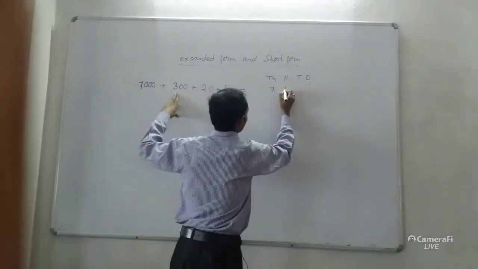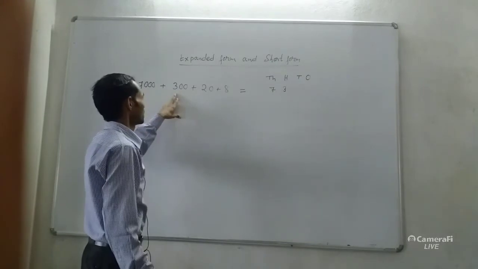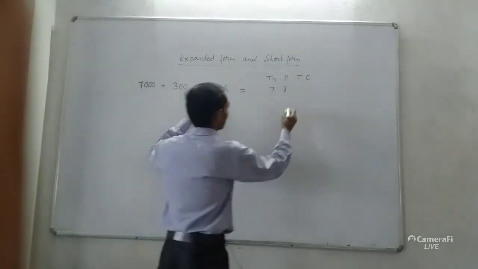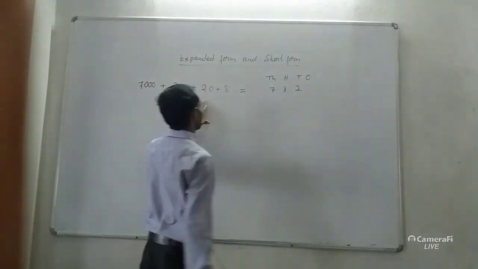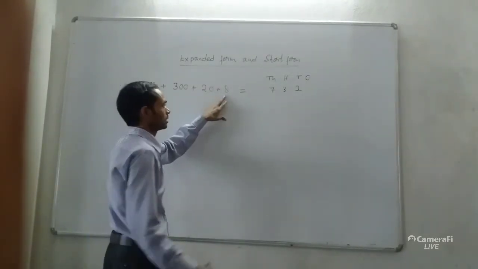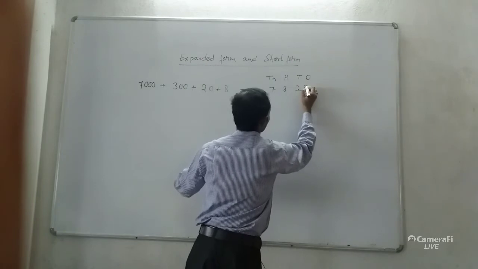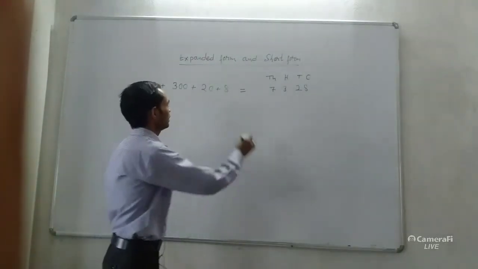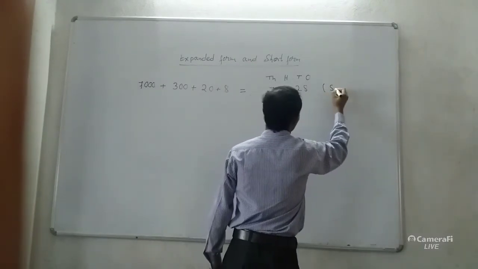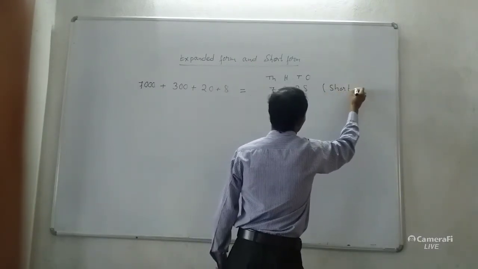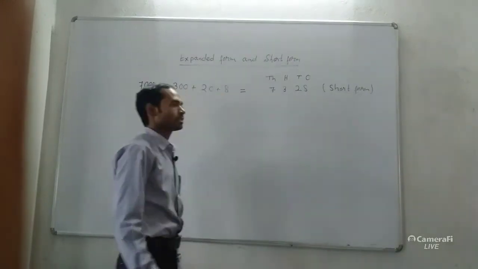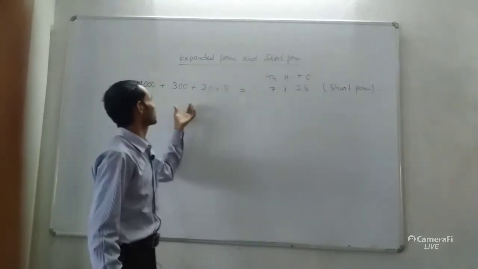Next 20, so 2 will come at the 10 place. And 8 ones, 8 will come at the ones place. So this is the actual number, 7328, and this is the short form of the number. So it is just the reverse process of the expanded form.